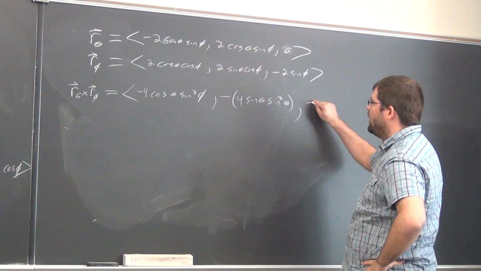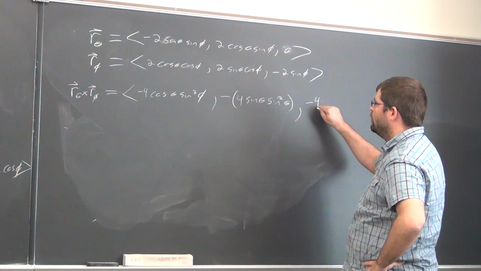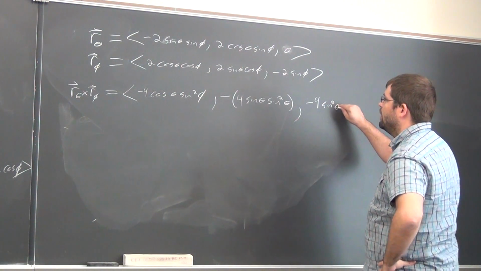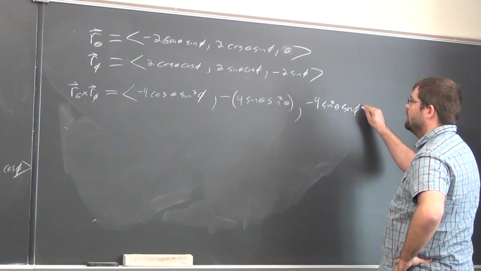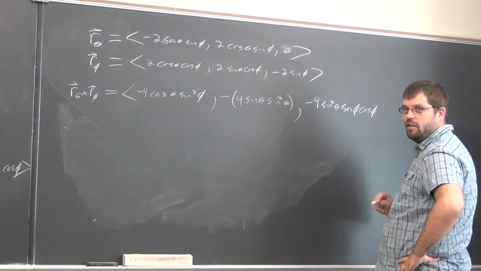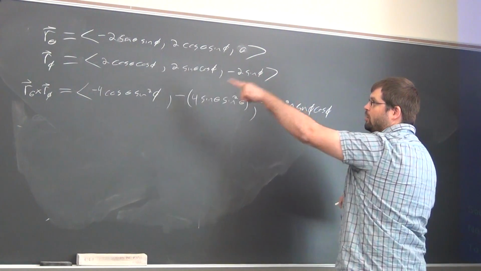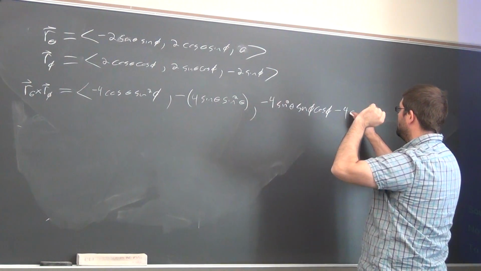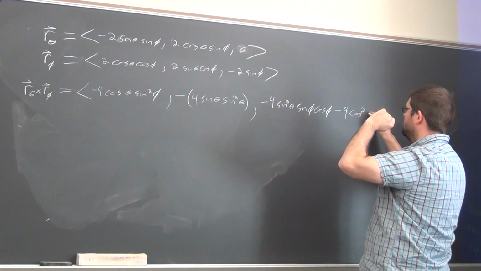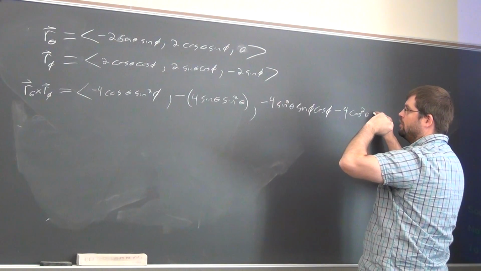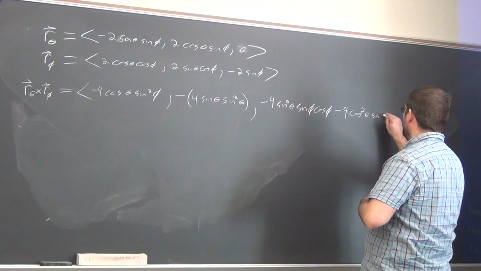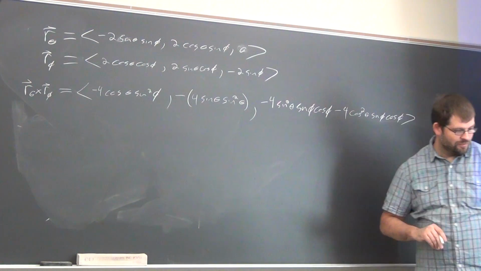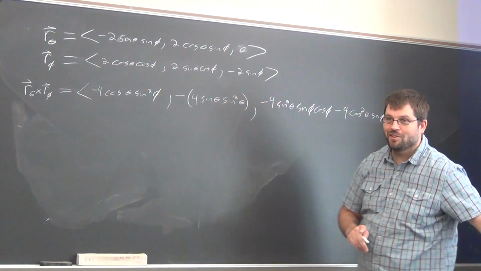You're going to get negative 4 sine squared of theta, sine of phi cosine of phi, right? And then what do you get the other way? Minus 4 more, and it should be cosine squared of theta, right? And then you have sine of phi. I got it wrong. Is that okay? Yep. I don't like when you're wrong, it makes me second guess.